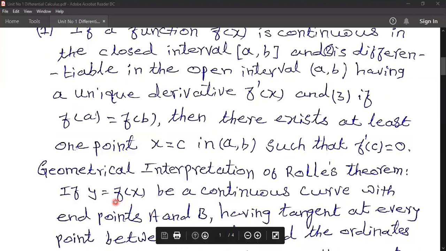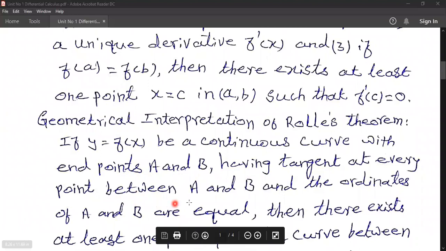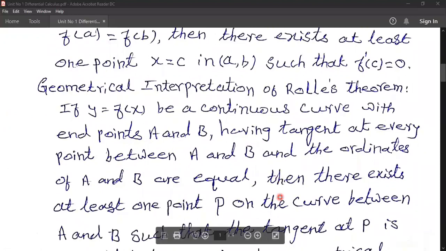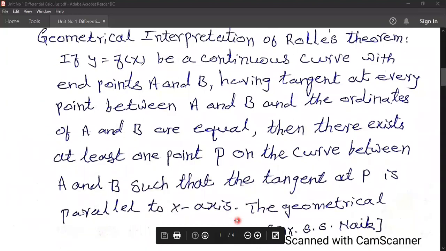If y is equal to f of x is a continuous curve with endpoints A and B having a tangent at every point between A and B, and the ordinates of A and B are equal, then there exists at least one point P on the curve between A and B such that the tangent at P is parallel to the x-axis.